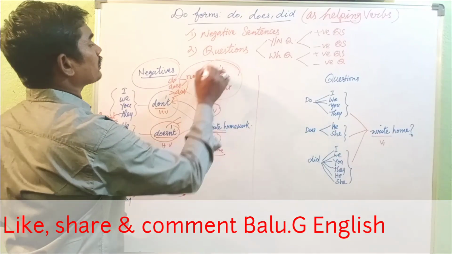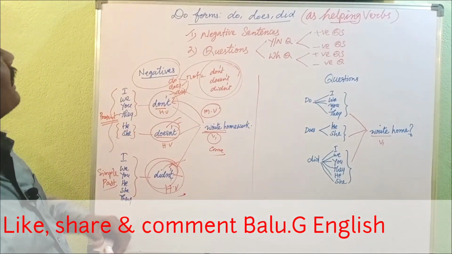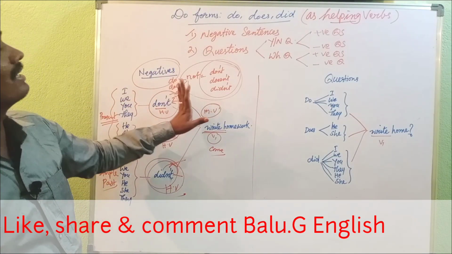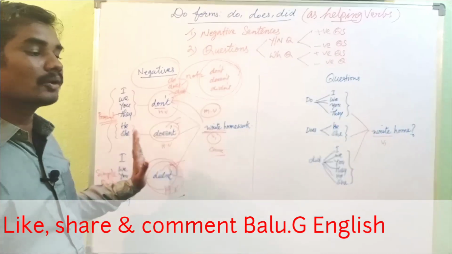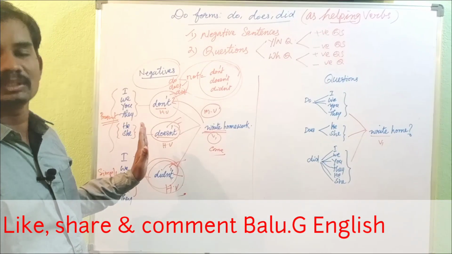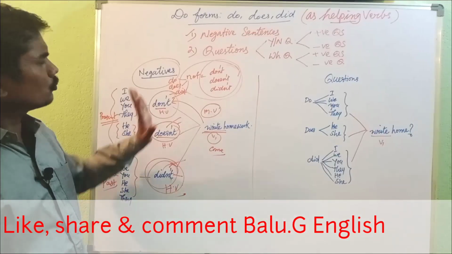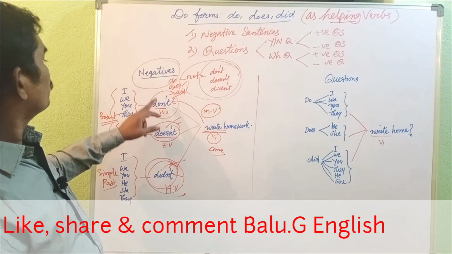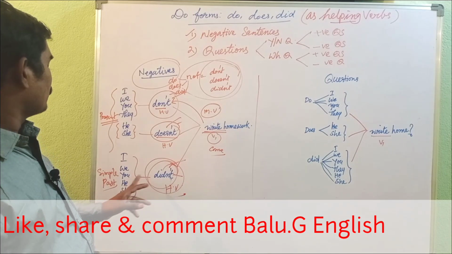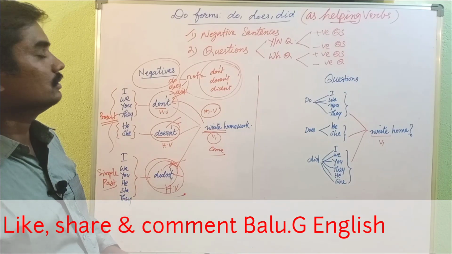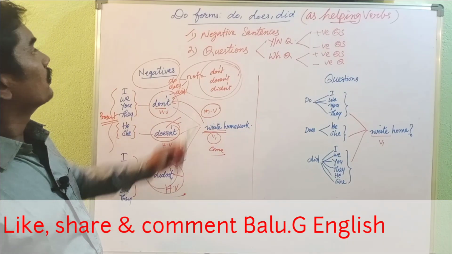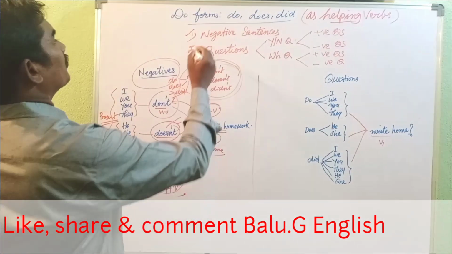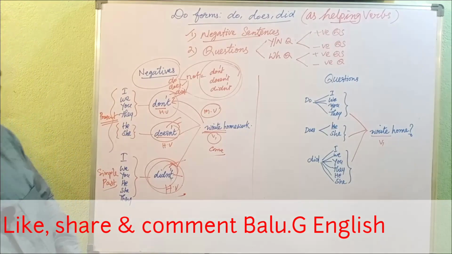These contracted forms we use for making negative sentences as helping verbs, but they are not considered main verbs here. So to make any sentence negative, in the present tense we use don't or doesn't, and in the past didn't. We use these do forms to make negative sentences. So this is about making negative sentences using do forms.